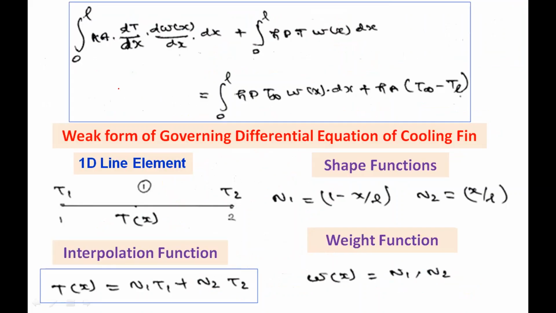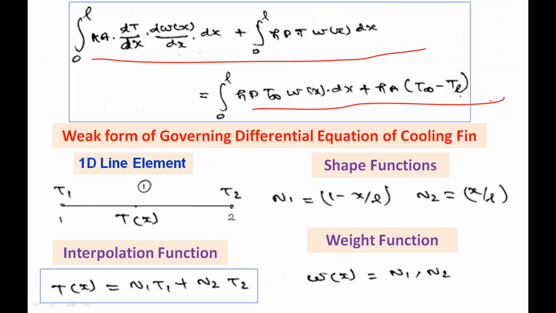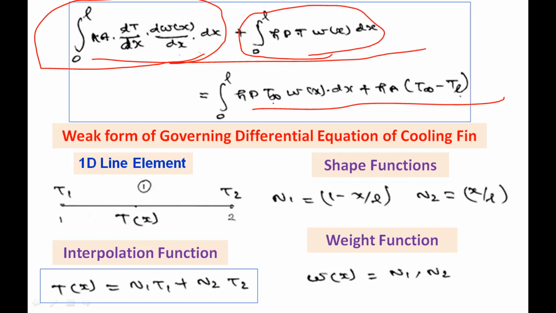Now after knowing this boundary term, we will go to the derivation of the element characteristic equation. So this is the weak form of the governing differential equation of the cooling fin problem. So here we have the first part for conduction, this part is for convection. In the right hand side we have, this is called a thermal load due to convection, and this is the thermal load due to convection in the free end.